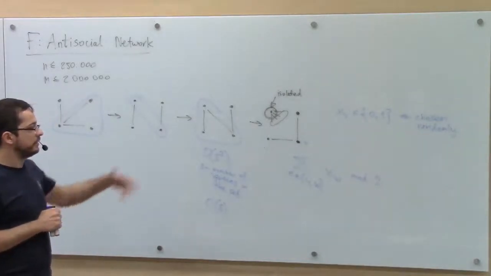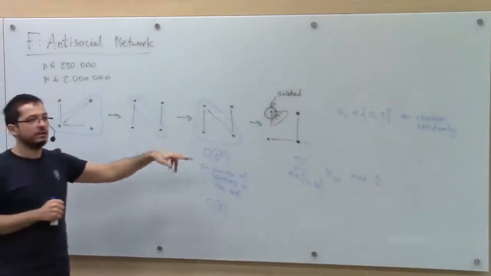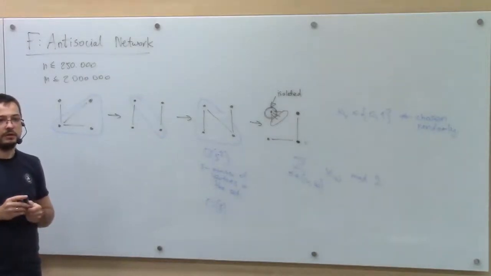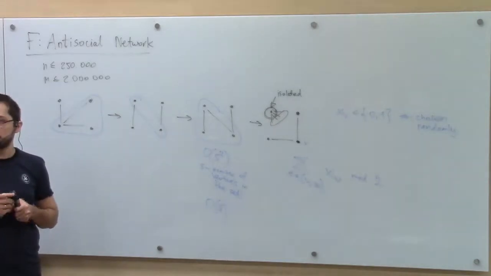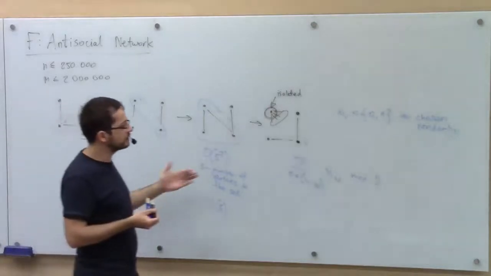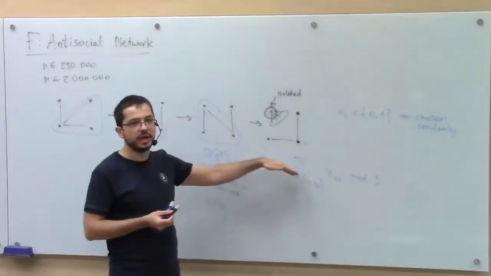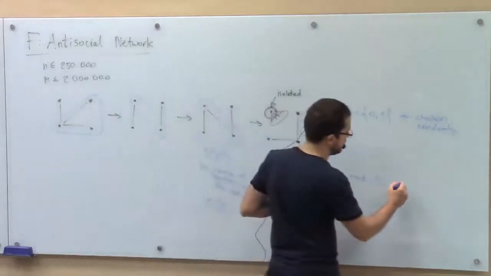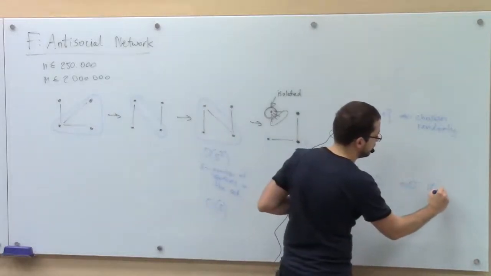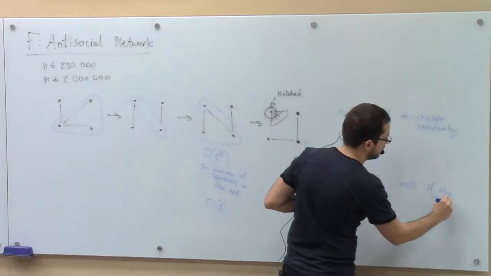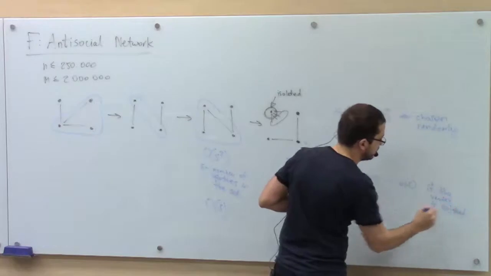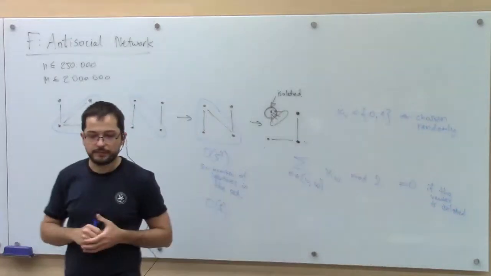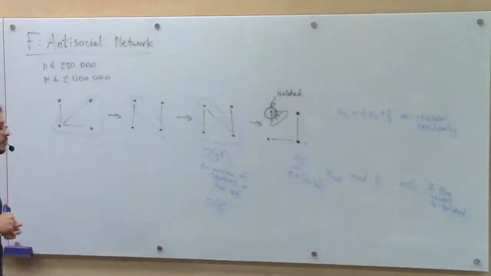Okay, so if this vertex is isolated in the final graph, what will be the outcome of this sum? It will be 0. Because if the vertex is isolated, actually the sum will be empty. So it will be 0 if the vertex is isolated. Okay, so what will happen if this vertex is not isolated?